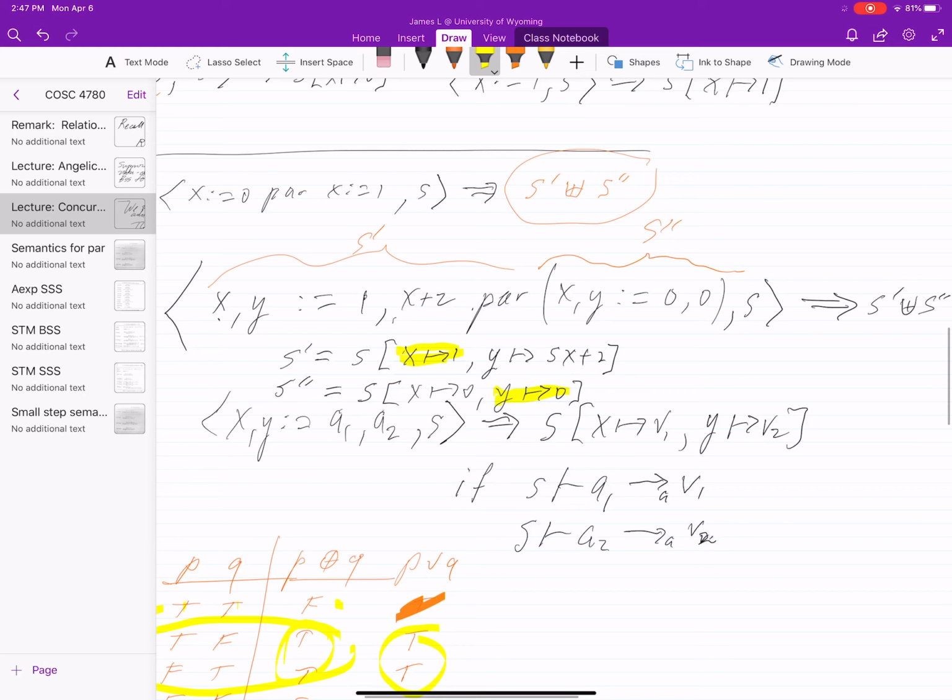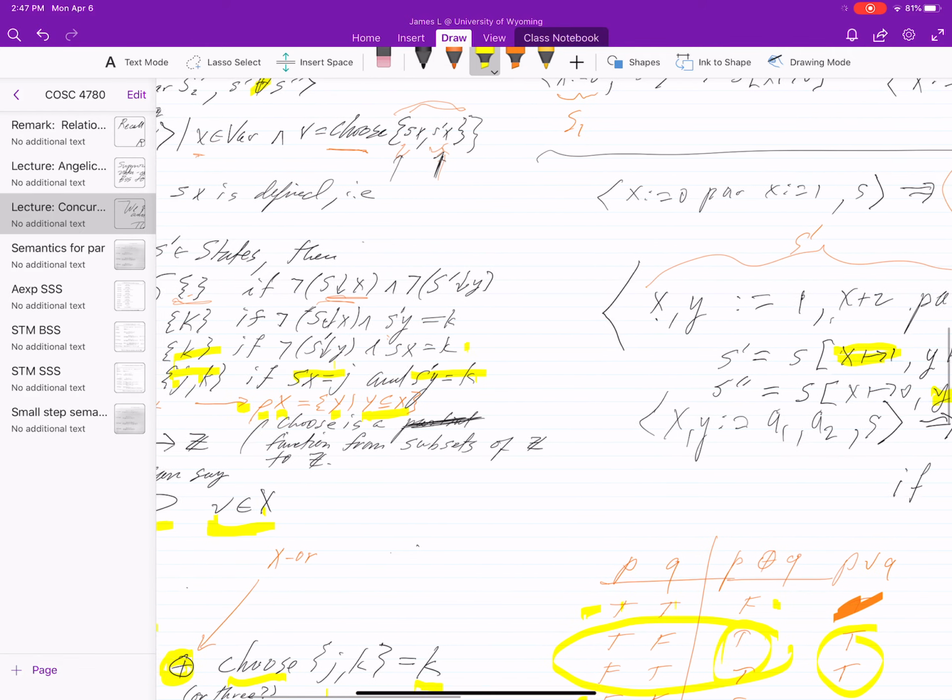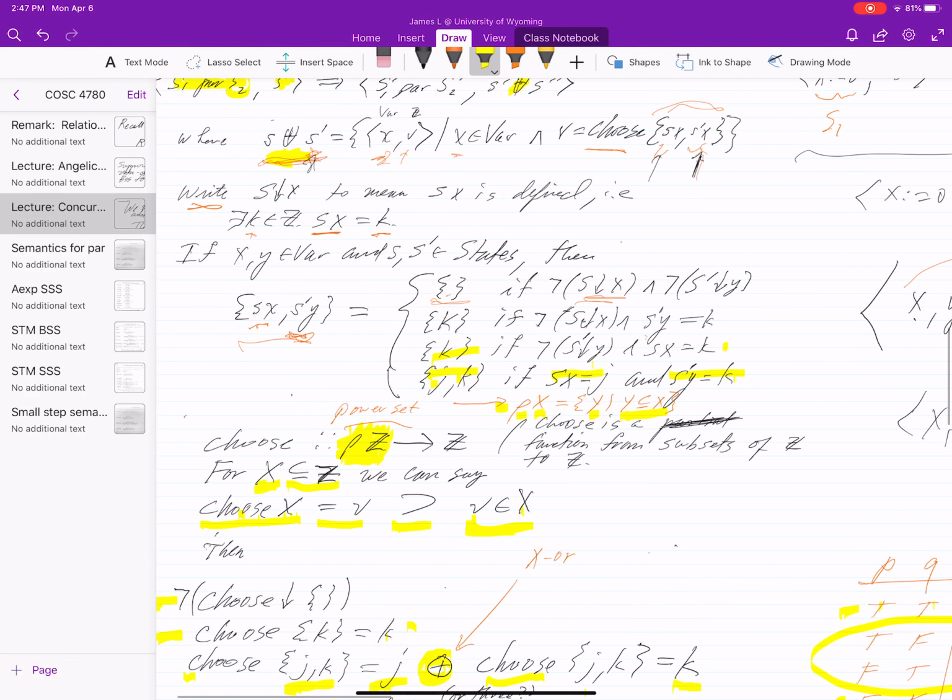So that's an interesting problem here, where this solution doesn't work in the presence of a parallel assignment operator.